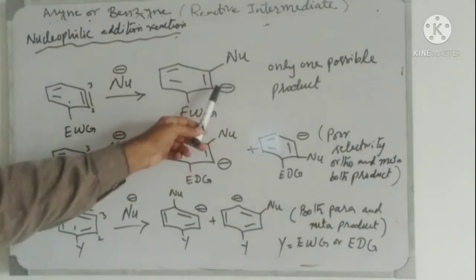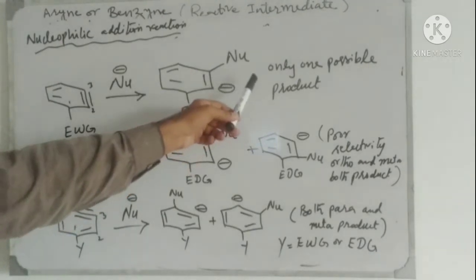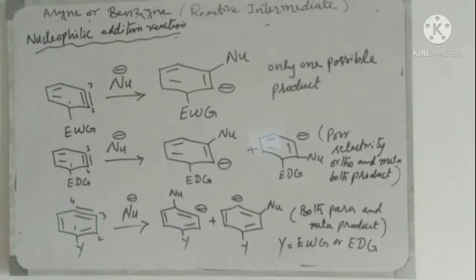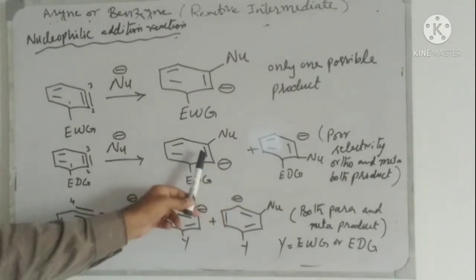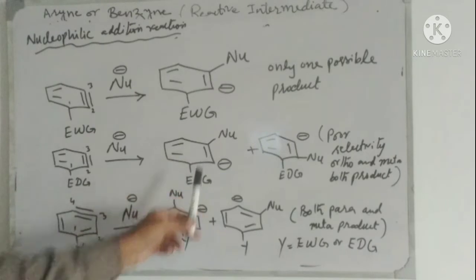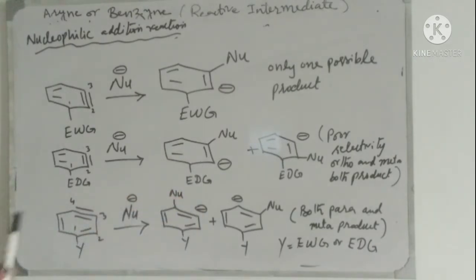So this negative charge is more stable, and only one possible product will be formed. If this group is changed to an electron donating group, then there is poor selectivity, and both ortho and meta substituted products will be formed.